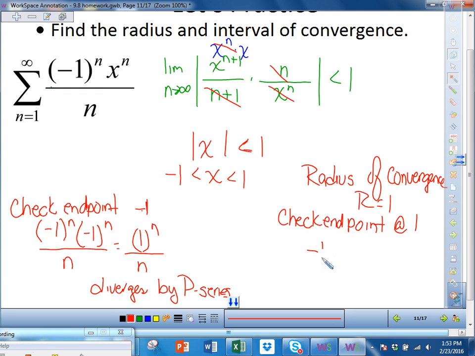So I have negative 1 to the nth times 1 to the nth over n. Converge or diverge? Why diverge? Diverge or converge?